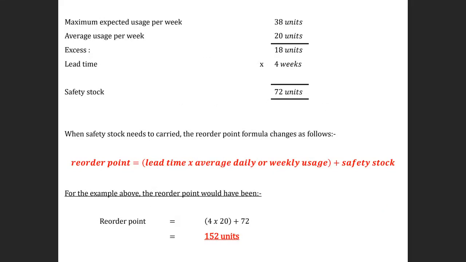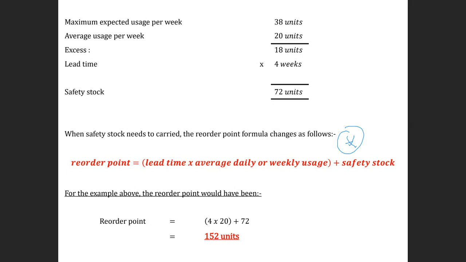And then to calculate the reorder point, sorry, I'm just waiting for the slide. Okay, so here we go. So as you can see here in red is how we calculate the reorder point under a variable usage.